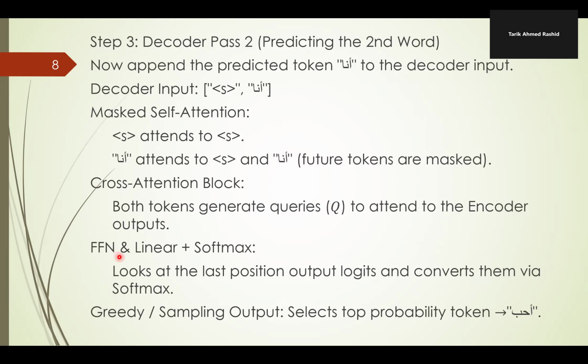They will be forwarded to the feed forward neural network, linear, softmax, and again greedy sampling, and we should get the Ahab token predicted. Likewise, the same thing: Ahab will be added for the next step to the previous input, which we had as the start token and ANA.